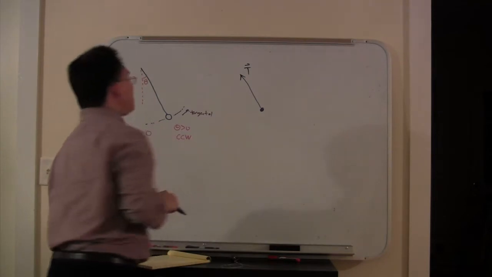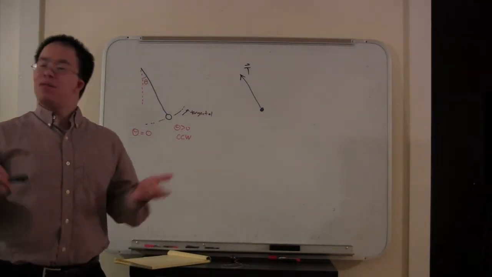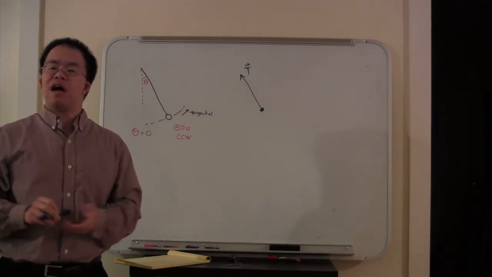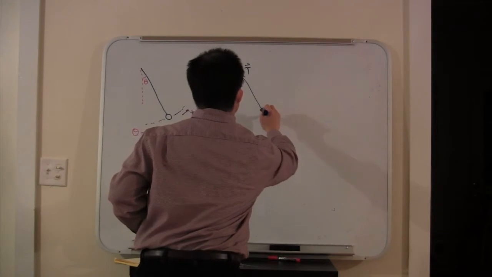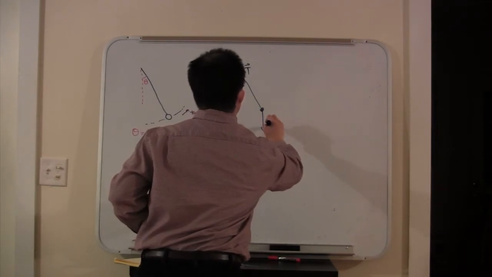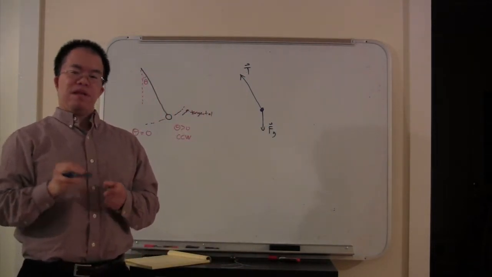I'll just label that T. That looks something like this. Now, the only long-range force we care about in this context is gravity. So I'll also draw the gravitational force F sub g exerted by the Earth.